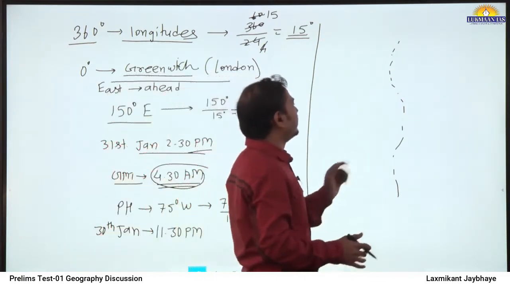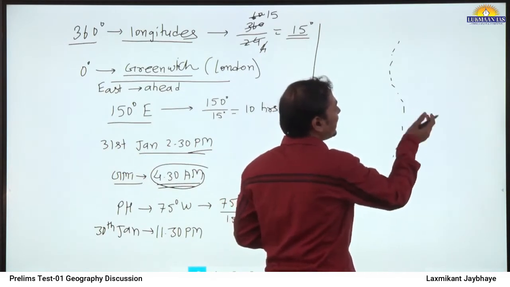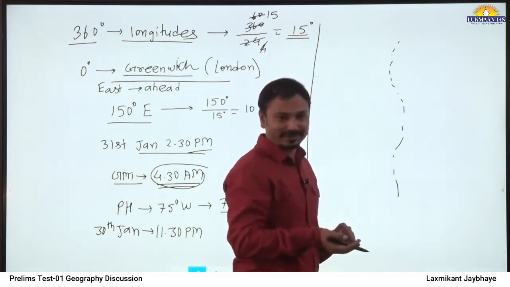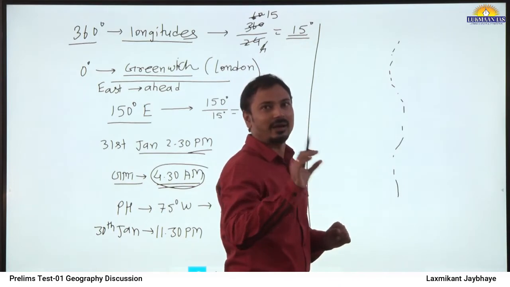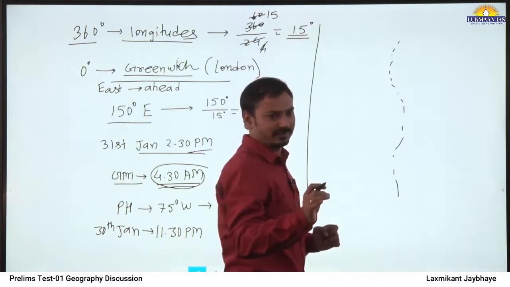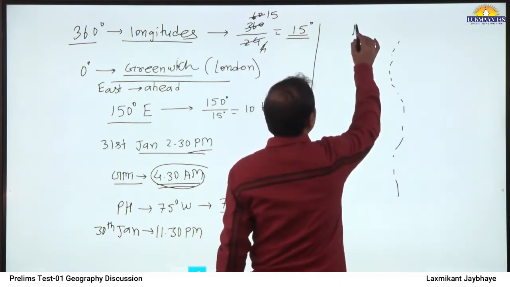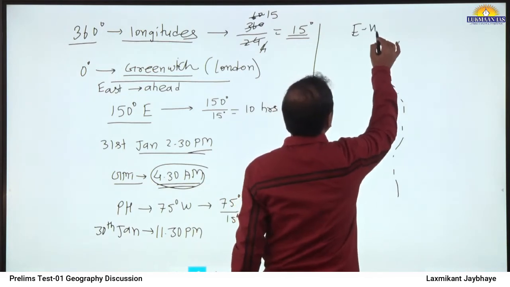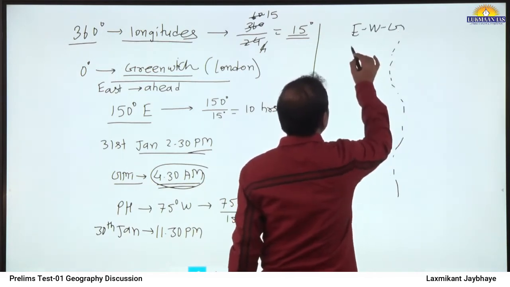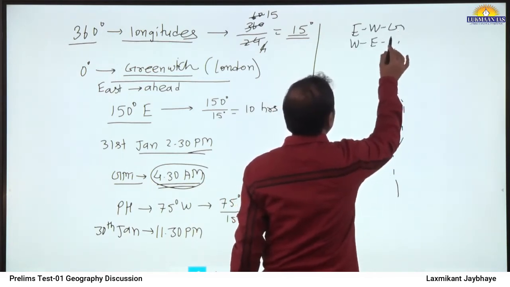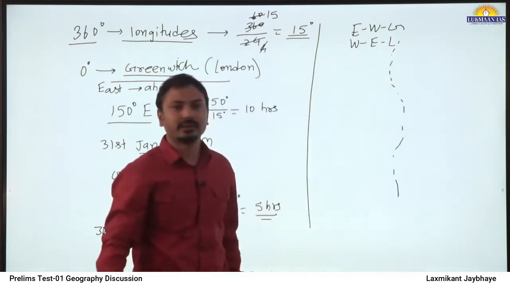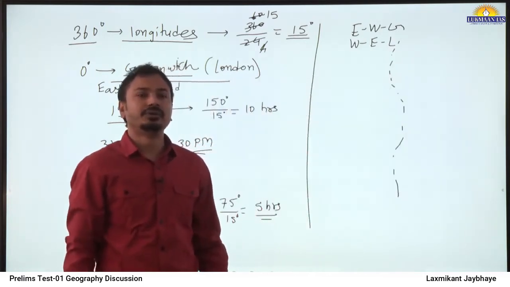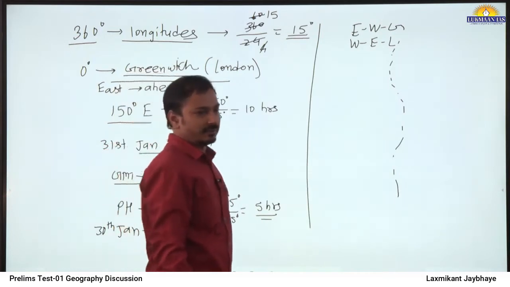Yes, and many students get confused whether it is a day addition or a loss, right? So we'll remember one trick here. EWG and WEL, like this. EWG and WEL. So what is that?